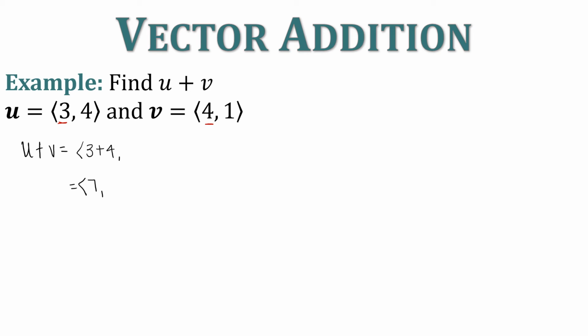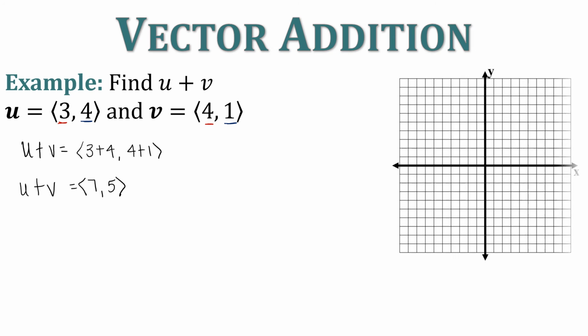Next, we need to add 4, the y component, with the other y component, which is 1. And 4 plus 1 is 5. So u plus v is <7, 5>.